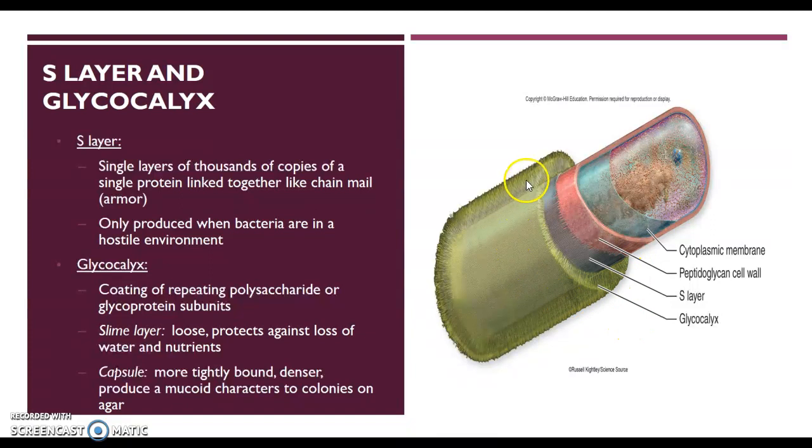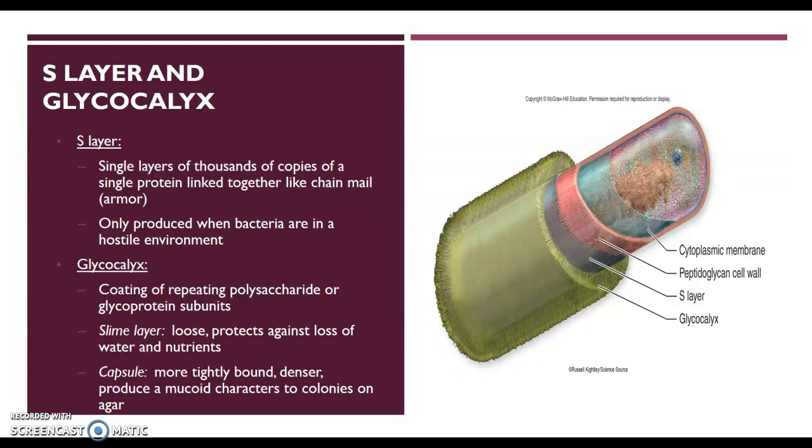The glycocalyx, you can see right here, is the very outer layer, and it is a coating of repeating polysaccharides or glycoproteins, depending on the organism, and it can produce one of two structures. Either a slime layer, which is a very loose layer that surrounds the outside of the cell and protects it against water loss and loss of nutrients, or it can produce a capsule, and a capsule is much more tightly bound.